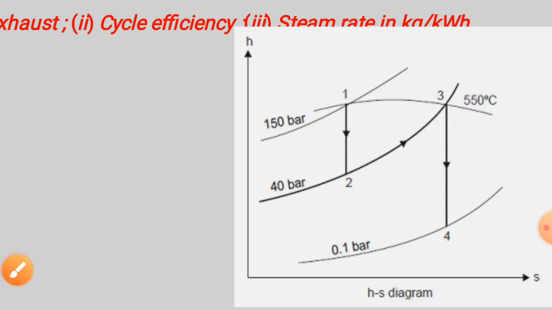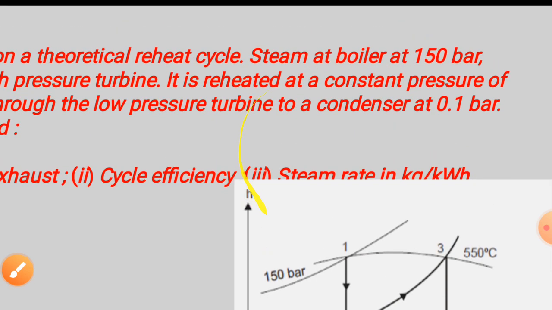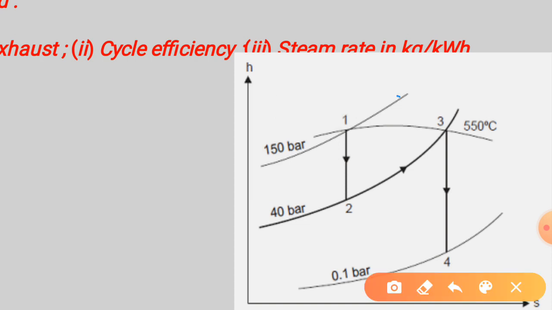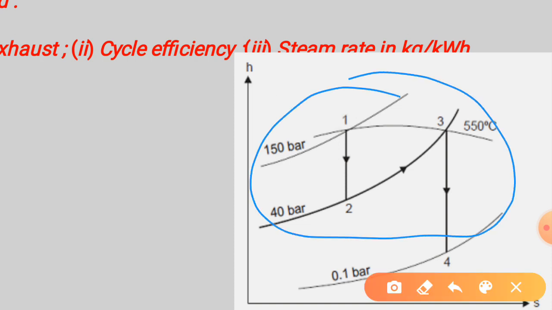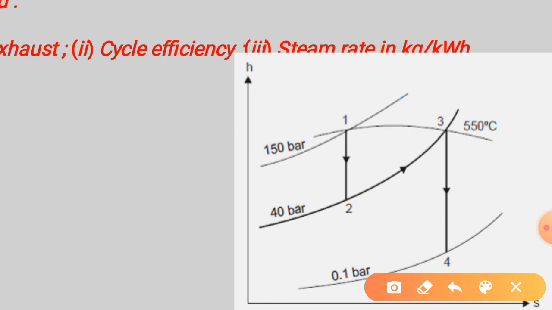The same process can be marked on the Mollier diagram, the Mollier chart, to obtain the enthalpy values. So how to mark it? Please identify the 150 bar pressure line on the Mollier diagram, then the 550 degree Celsius constant temperature line.